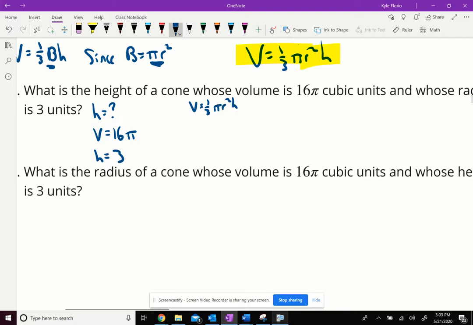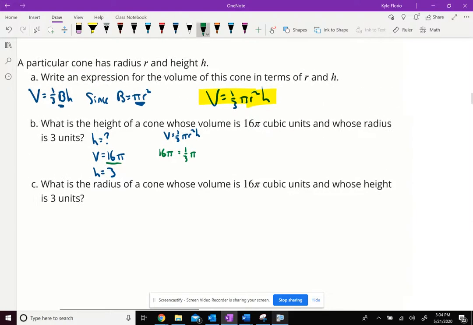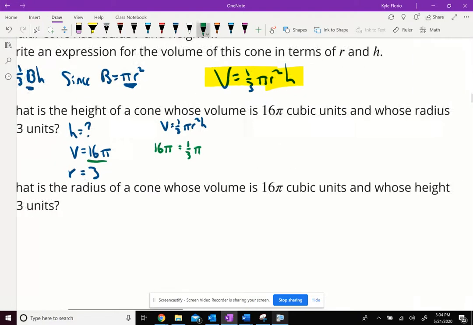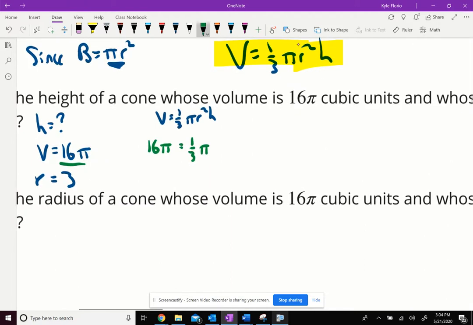The volume is 16 times pi, and that's equal to 1/3 pi times the radius, which we just said is 3, squared, times the height. And the height's what I want to know.